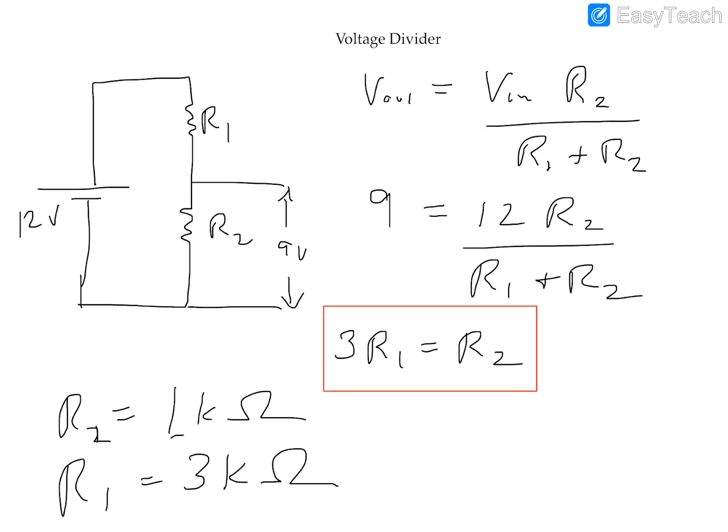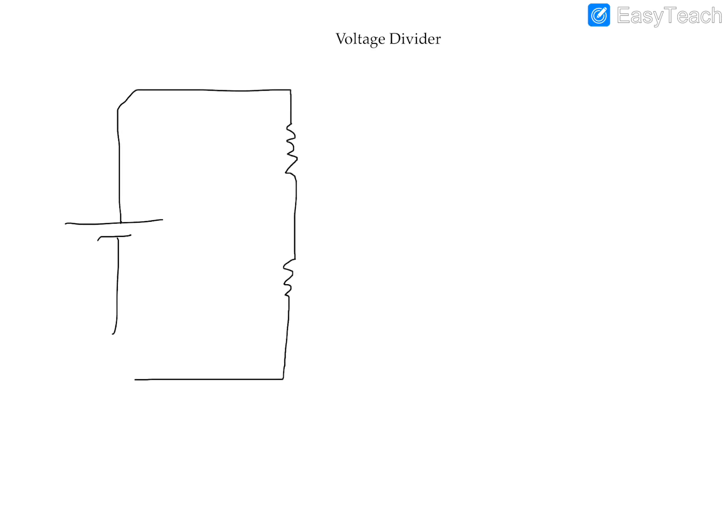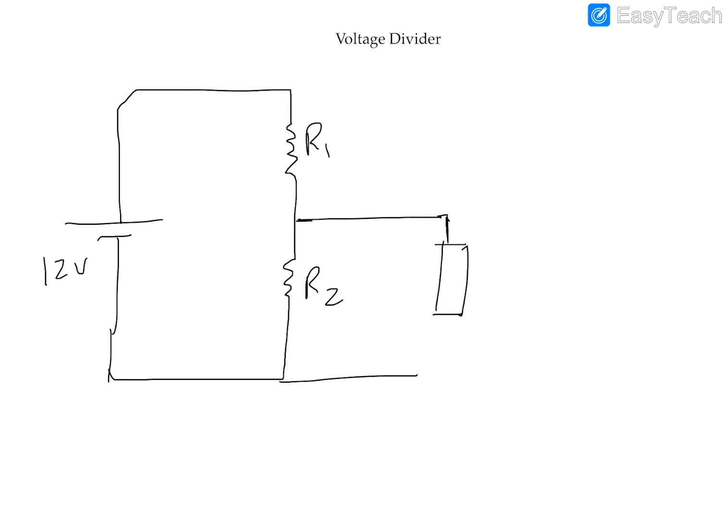Another thing I wanted to show you guys is this. Here we have our 12 volt supply connected to two resistors. This was our R1, this was our R2, and we got 9 volts across this. Here is where you would connect your electronic device, which requires a 9 volt supply.